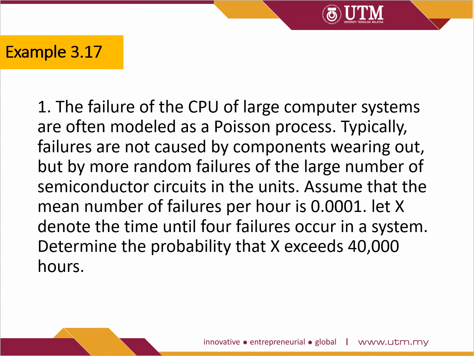So assume that the mean number of failures per hour is 0.01, and we let x denote the time until 4 failures occur in a system. So we want to determine the probability that x exceeds 40,000 hours. So how can we solve this?